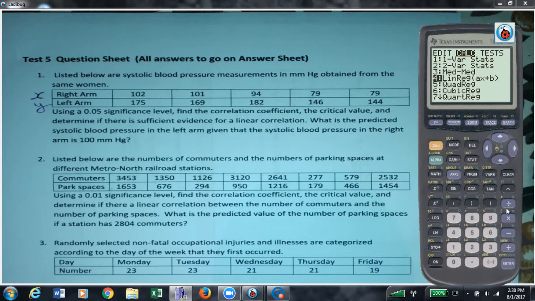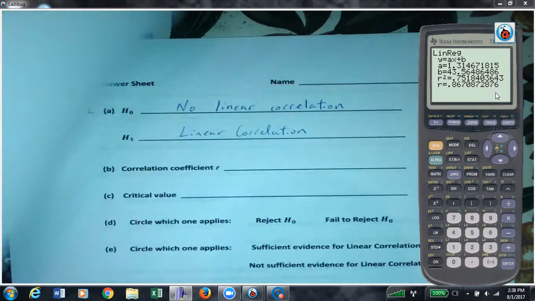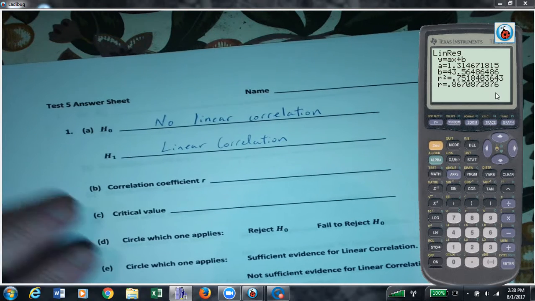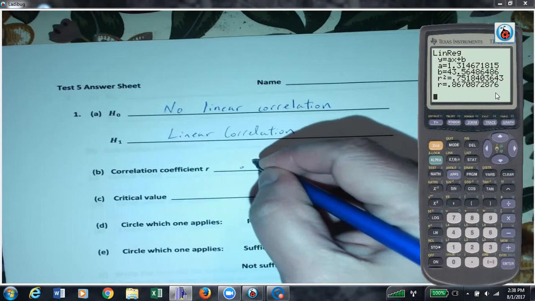Let's go down to linear regression with list 1 and list 2. And I do have R. That is my linear correlation coefficient. And I want to take that to 3 decimals like it asked me to. And so that's going to be approximately 0.867.